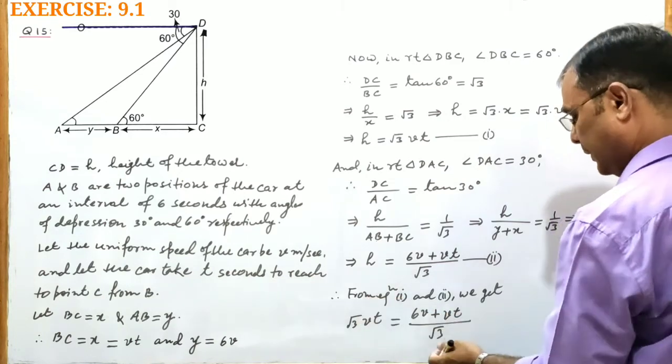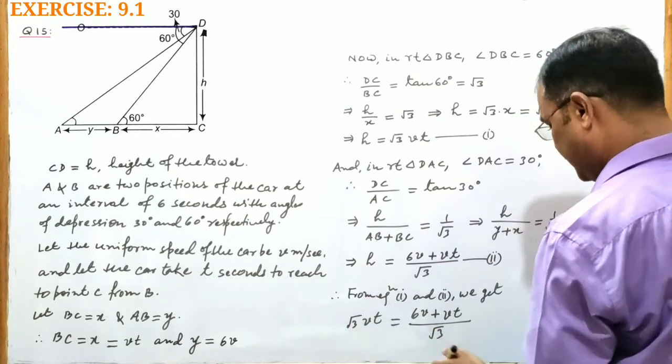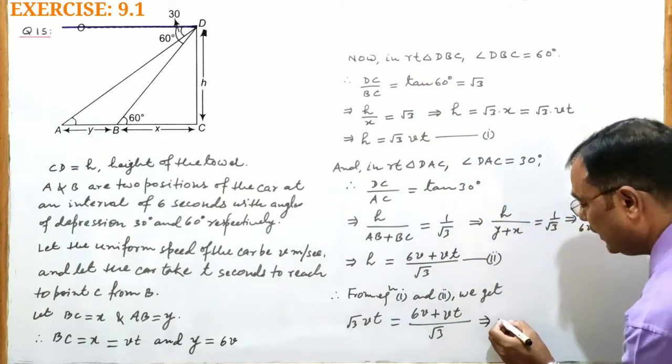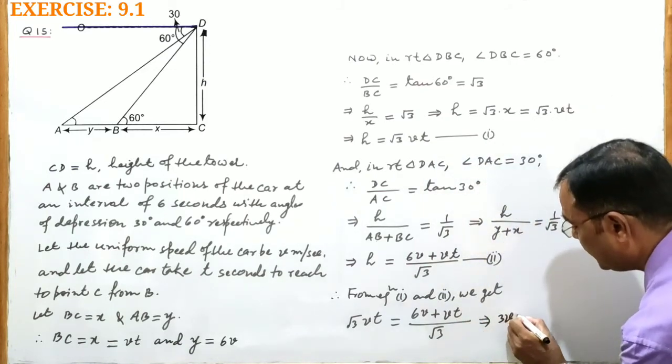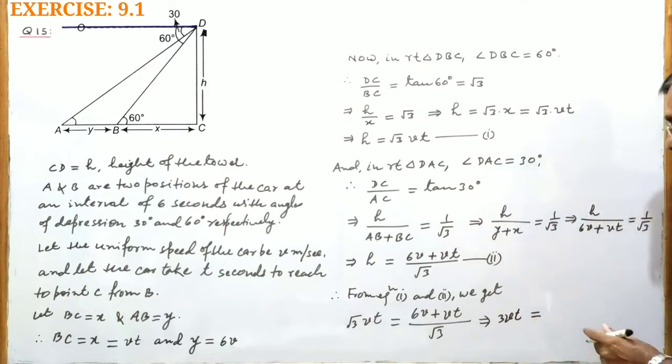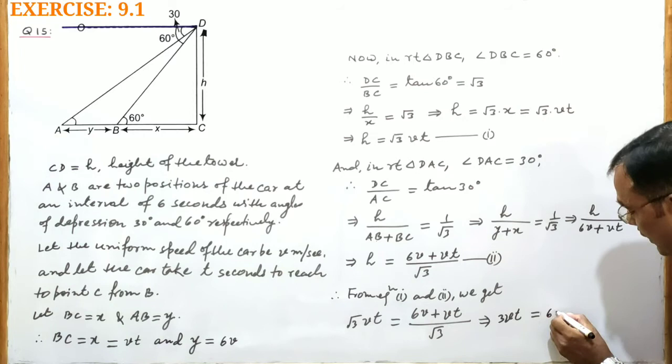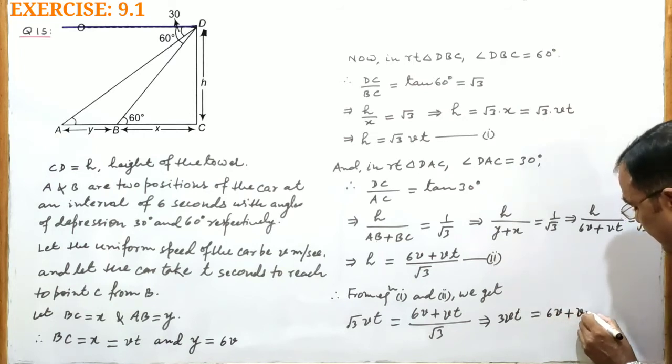Now cross multiply: root 3 into root 3 Vt is equal to 3 Vt, and 3 Vt is equal to 6v plus Vt.